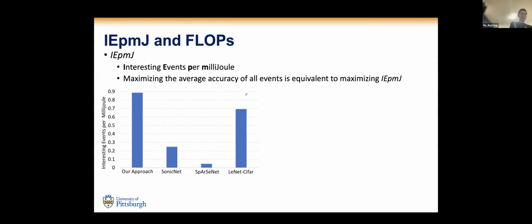This figure shows the interesting events per millijoule. Basically, we are measuring, for our approach compared to existing approaches, with the same amount of energy, how many interesting events we can detect. And you can see that our method can detect a higher number of events than other methods.